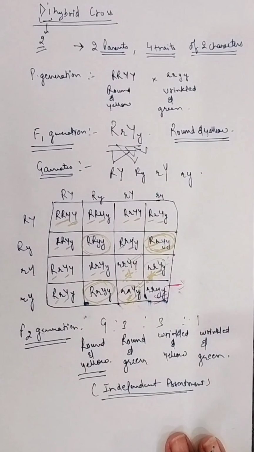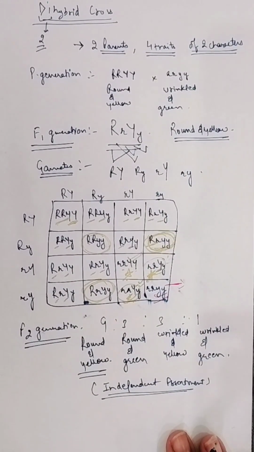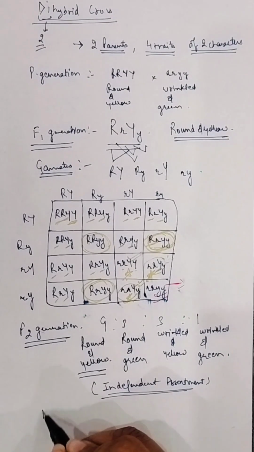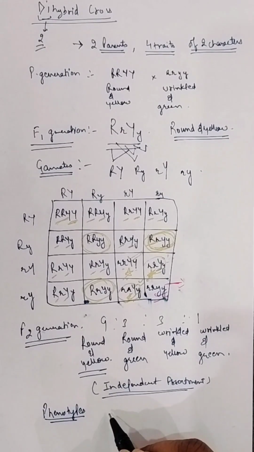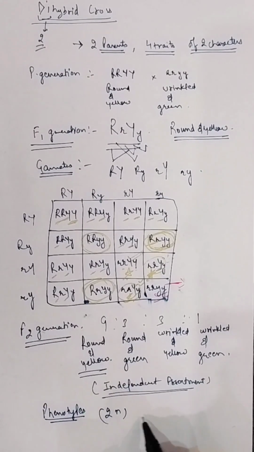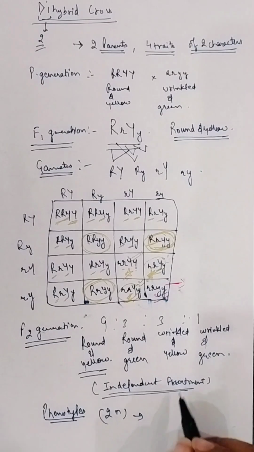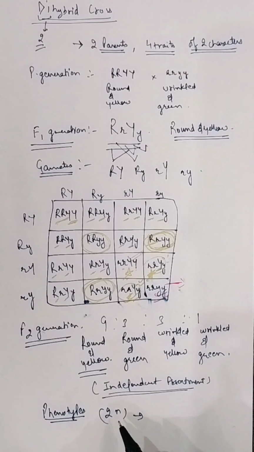But now again, from objective point of view, if you come across the question that you have to find the number of phenotypes produced in a dihybrid cross, then for phenotypes the formula will be same, 2 raised to the power n. Here because it's a dihybrid cross, so n will be 2.